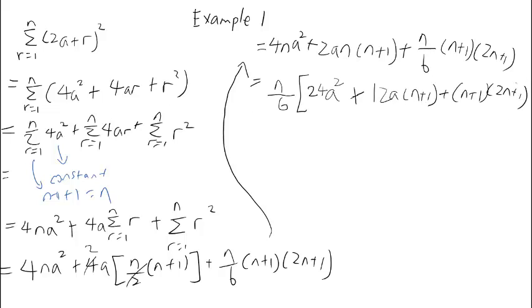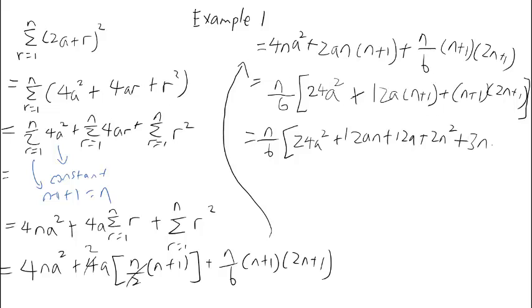And I need to cross out the bracket. The n over 6 you leave in front. Inside, just a method of simple expansion. You get 24a square plus, expanding this out, 12an plus 12a. And to expand the one behind, you get 2n square, and 2n plus n is 3n plus 1.